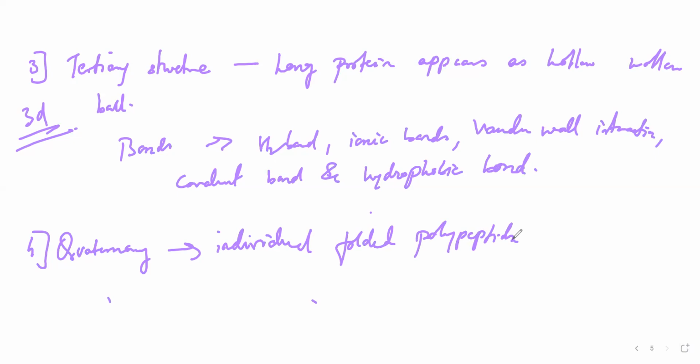So those are the simple four structures of the protein. Now, this was on the basis of how the structure of the protein is. Now, what is the composition of that particular protein? On that also, two types are there.